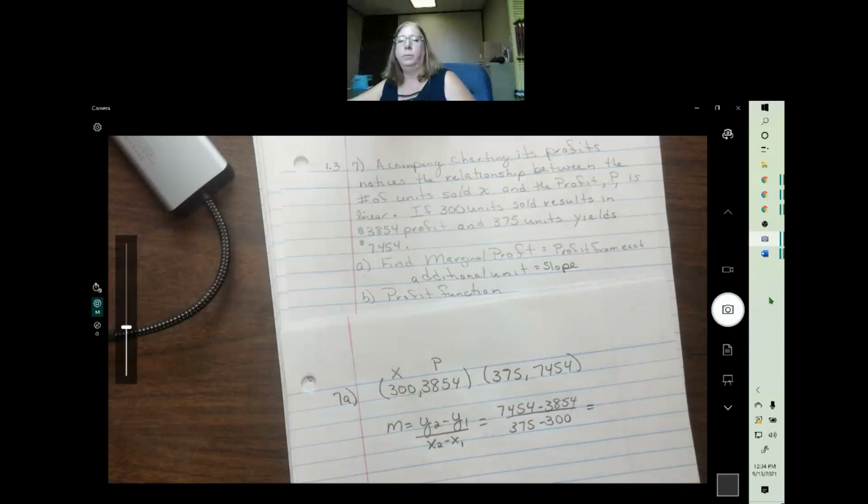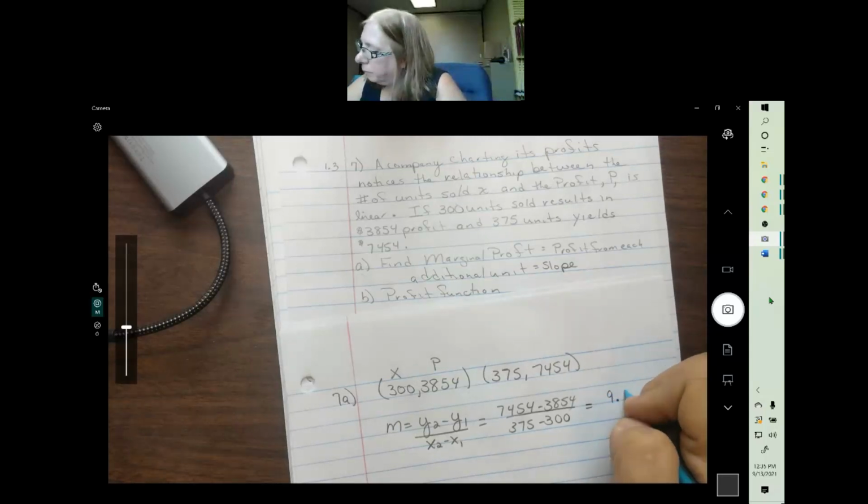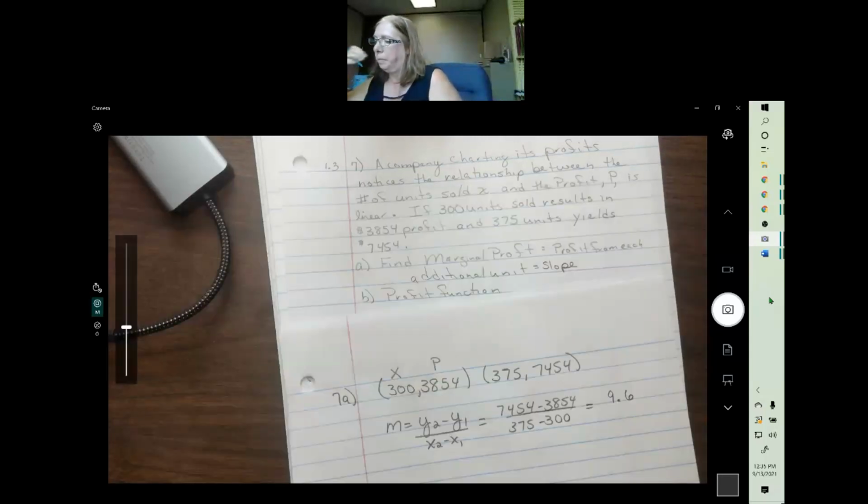If you're entering it all in at once, you need parentheses around the top and the bottom. So our marginal profit is 9.6.